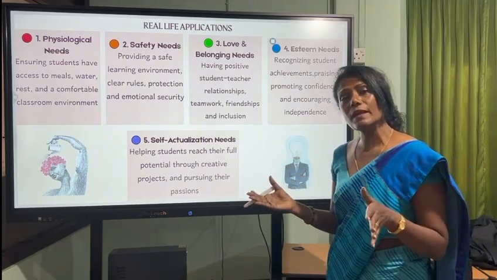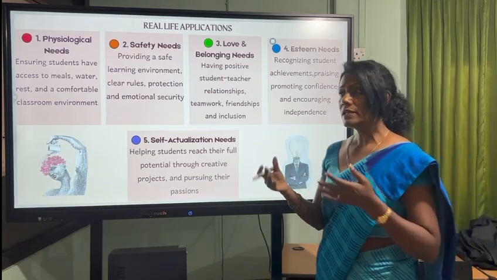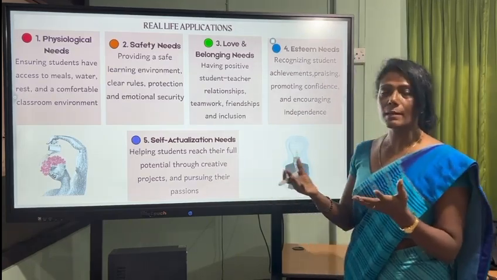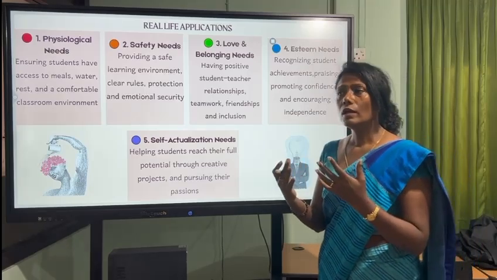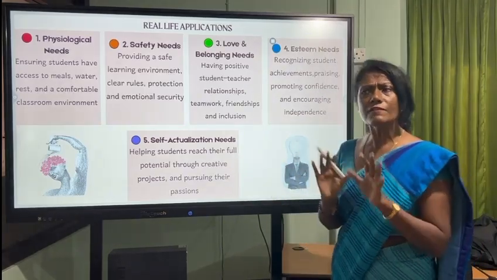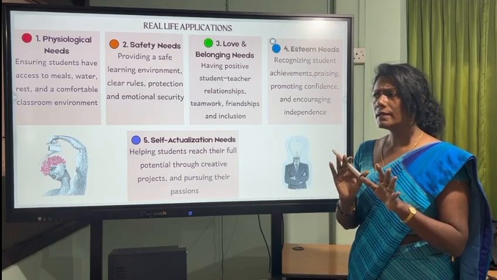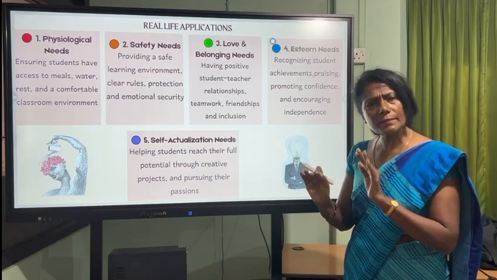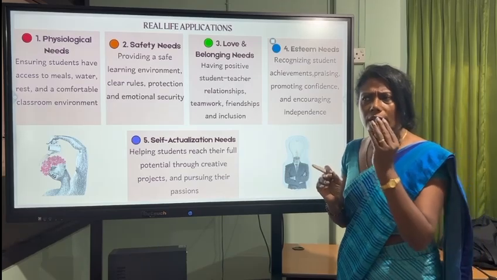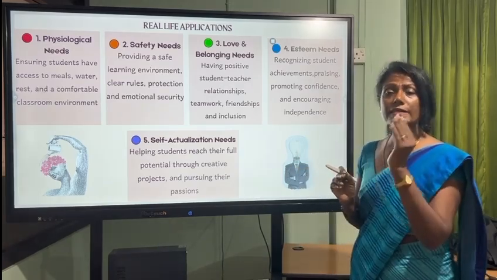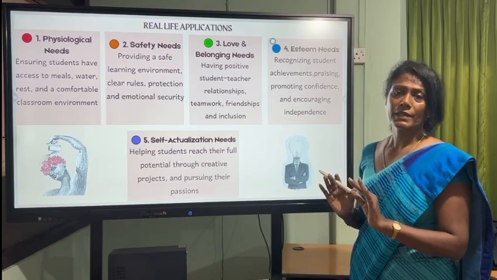But at the same time, there can be some students coming from broken families, students with some problems at home. So they always seek love. And we find some naughty children or some students disturbing the teacher, the class or the other children. That means seeking attention. Mainly they look for love and care.